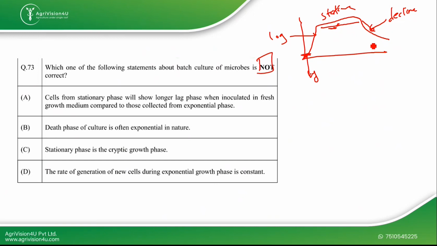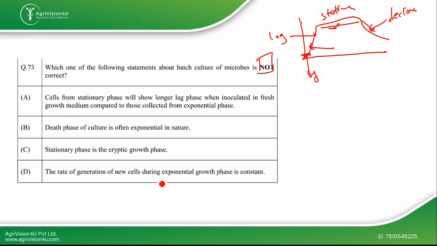We have to find out the wrong option. Then third is, stationary phase is the cryptic growth phase. So firstly, we should know the cryptic growth phase. Before moving towards that, let's check option D. The rate of generation of new cells during exponential growth phase is constant. Okay, this is your exponential phase, and they are not asking about number.